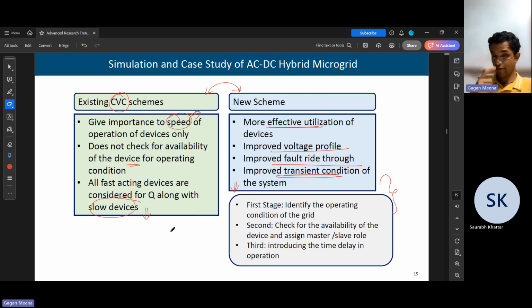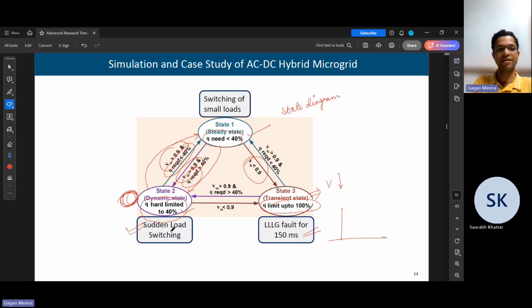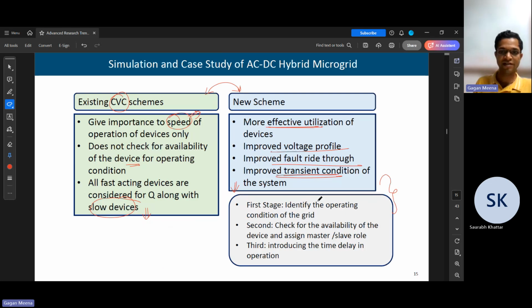And then based upon that, the operating condition is one of these three conditions, based upon the voltage and the reactive power requirement. The state is determined. The operating condition of the grid is determined.